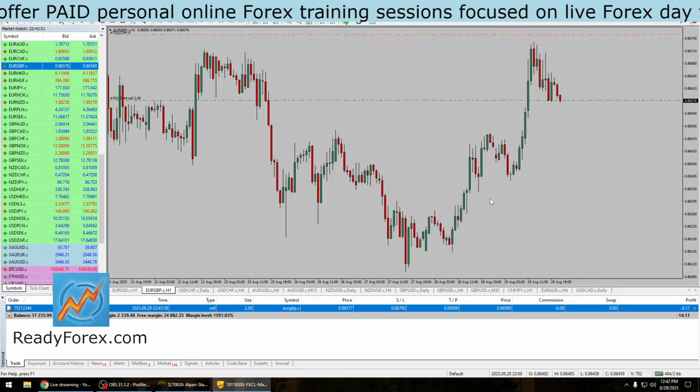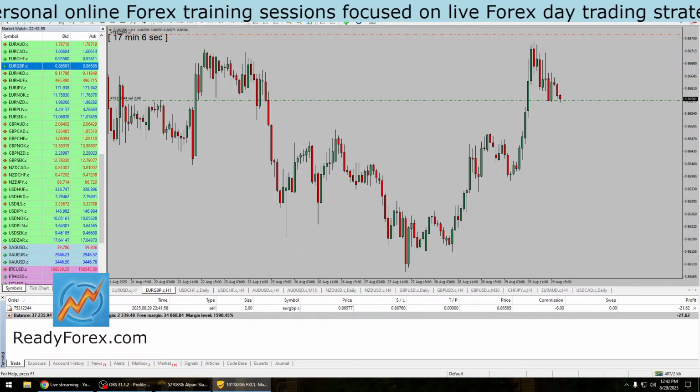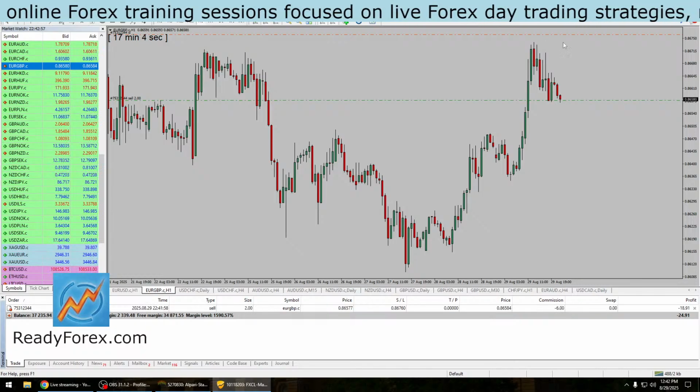So here is the sell in Euro GBP currency pair. The sell is currently open. I've also placed the stop loss right up here.